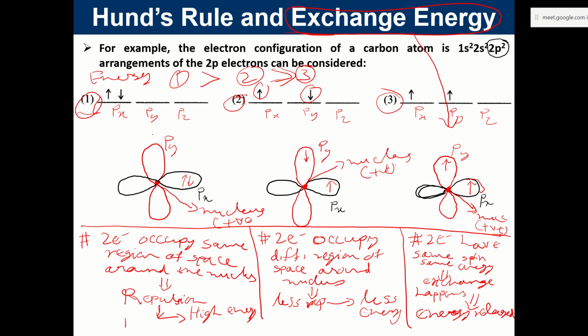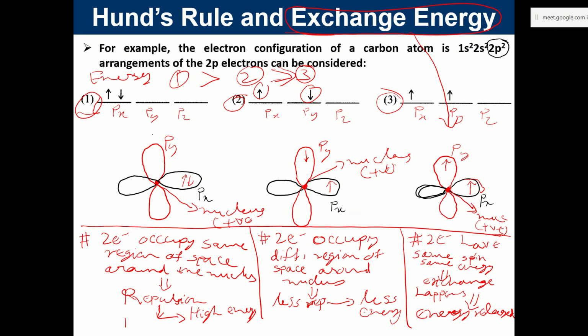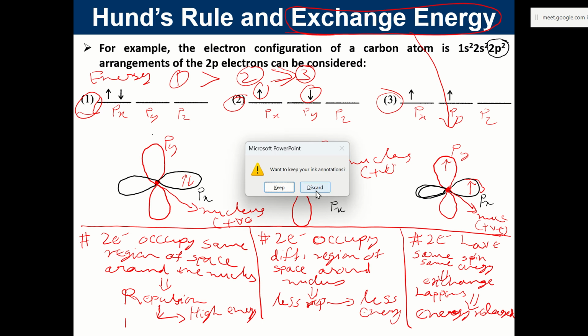Okay, because of the exchange of places that happens between the two electrons, the energy decreases, and that thing is what we know as exchange energy. And this exchange energy lowers the energy further.